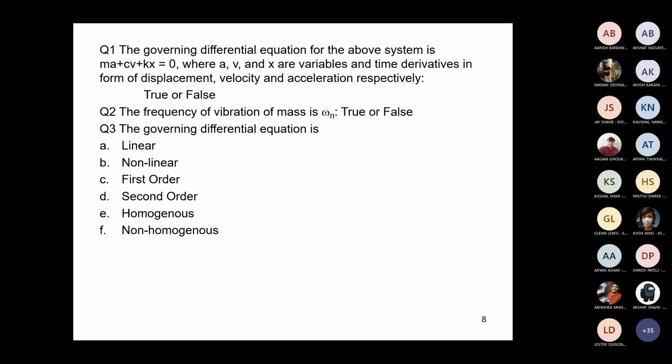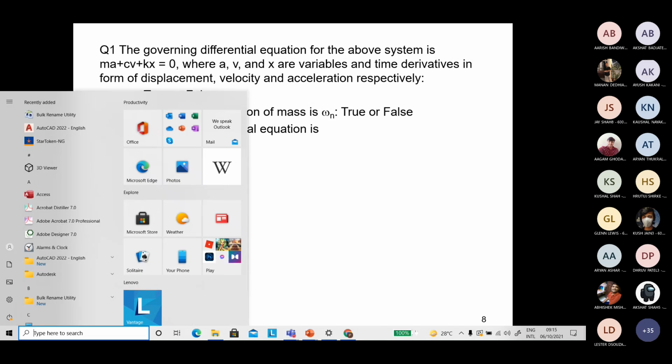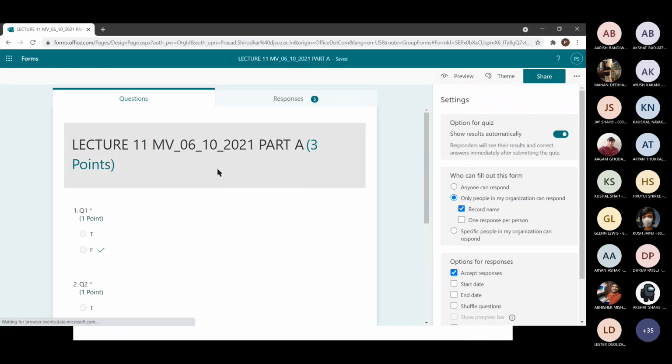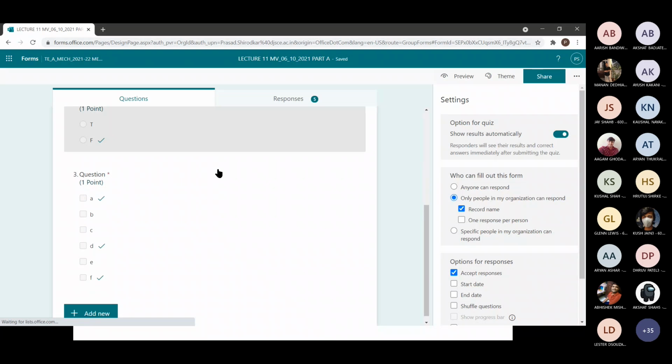So submit the quiz. I want to see how much you have followed. Submit it quickly. Don't take so much time. Don't unnecessarily discuss with your fellow students, otherwise you will not learn in that way.